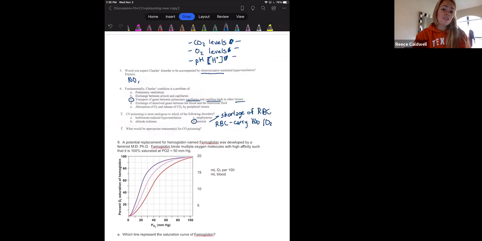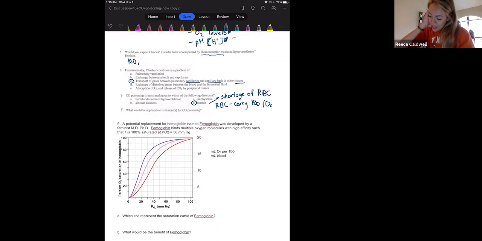So anemia is not a silent killer. Carbon monoxide poisoning is, because your body doesn't detect it. Anemia is detected by the body and it's rarely fatal. All you have to do is just eat some red meat or take an iron supplement or something like that to increase those red blood cells. But that's what we would characterize carbon monoxide poisoning as being most similar to.